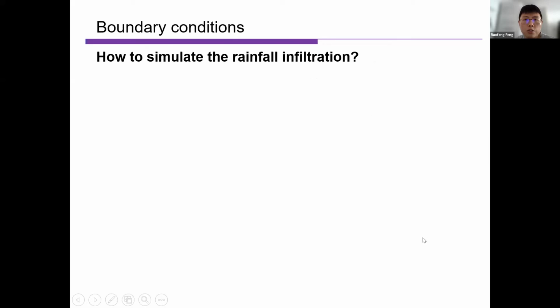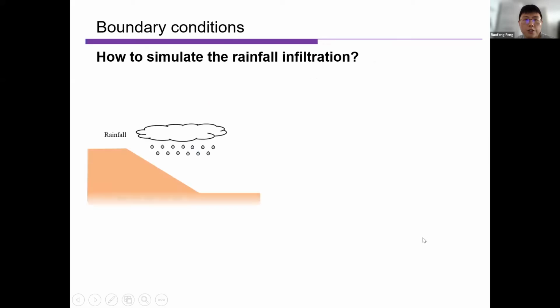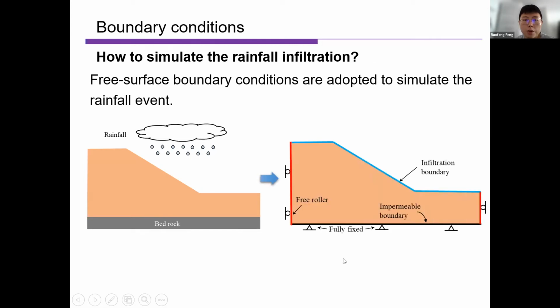So how to simulate the rainfall infiltration? Here we consider a slope subject to rainfall. We do not really simulate the rainfall process. So we apply a certain free surface boundary condition to simulate the rainfall event.